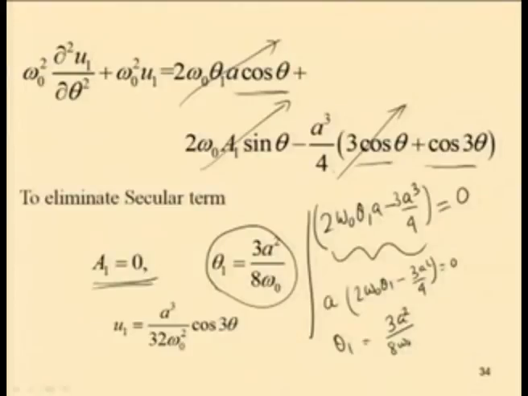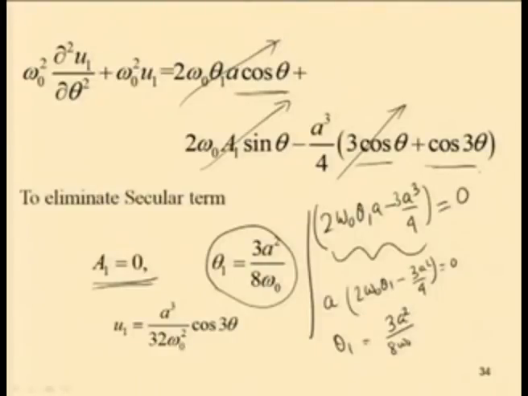So, the remaining equation becomes del square u 1 by del theta square plus omega 0 square u 1 equal to minus a cube by 4 cos 3 theta. So, the solution of u 1 will be equal to a cube by 4 cos 3 theta, and we have to divide by omega 0 square here. If I write the auxiliary equation, it will be d 0 square plus omega 0 square.